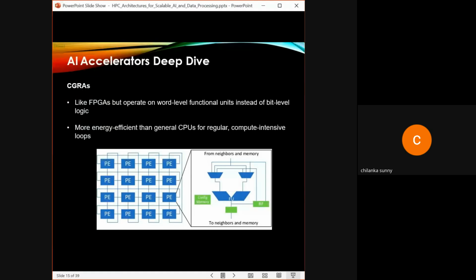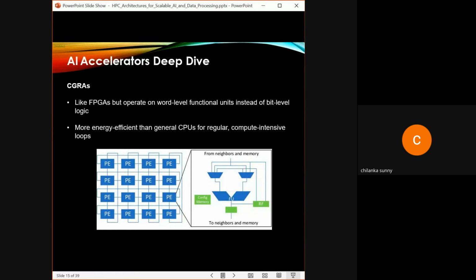Hot loops or data flow graphs are compiled and scheduled so that operations can stream from PE to PE, enabling deep pipelining and high on-chip data reuse. This minimizes off-chip memory traffic and greatly lowers the energy per operation.